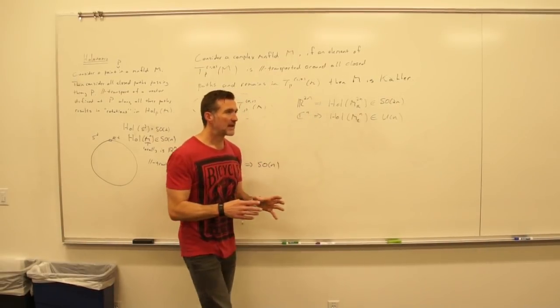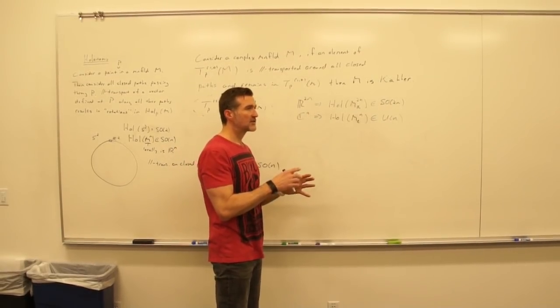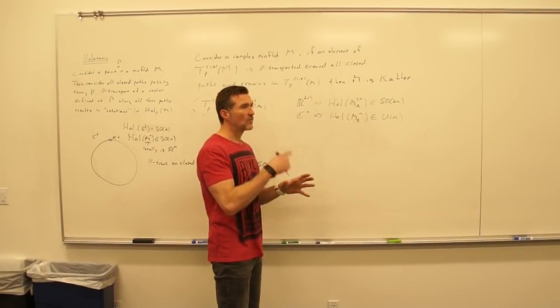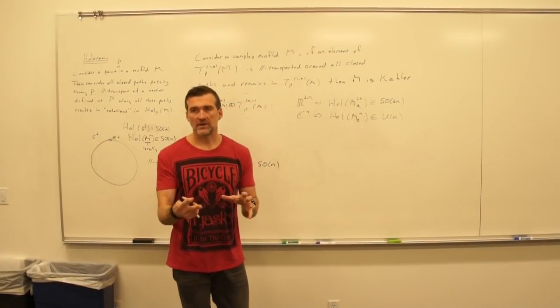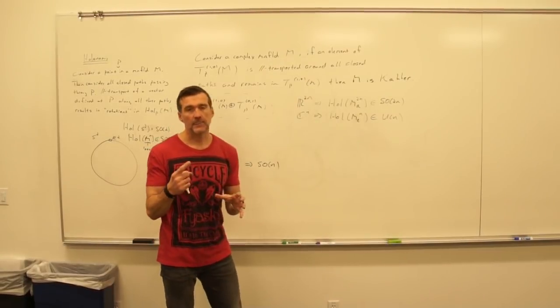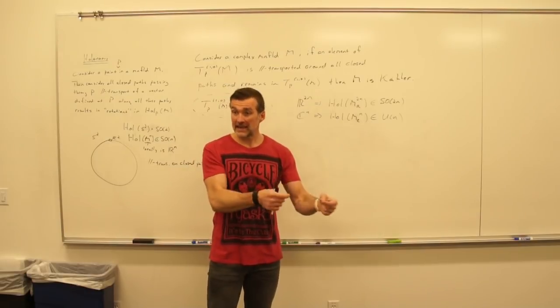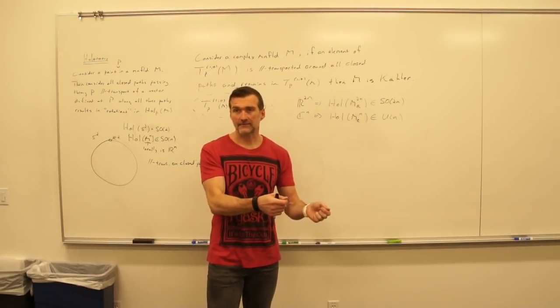For a complex manifold of dimension n, the tangent space is associated with R2n, which is one complex dimension or two real dimensions. We call it one complex dimension, but we had to double the size of the tangent space in order to complexify it.